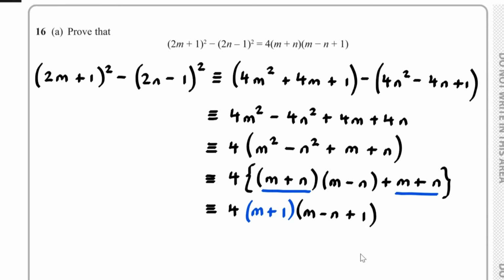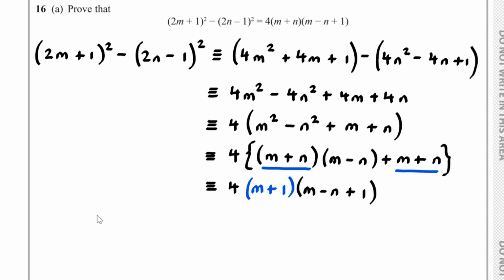And that's exactly the result we see on the right hand side. So this result is shown to be true.